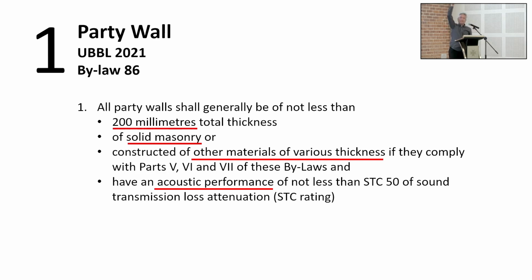I'm going to stretch it from roof down to the floor, and that becomes your party wall. Would you accept it? Everyone was horrified. I said, that's exactly what happens. You remove clause 86, that removes the physical properties you will expect of a party wall. So we put it back in here. So it must have acoustic performance.